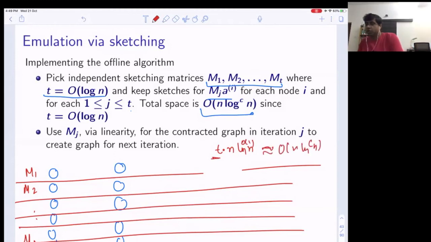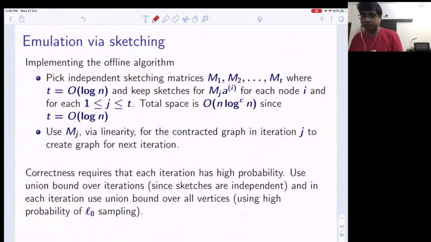Whenever you want to use a graph in the next iteration, so in the jth iteration, you use the sketches coming from M_j. You don't use the sketches from before. Now, what does it allow us to do? Correctness just requires that each iteration has high probability, and then we use a union bound over iterations.